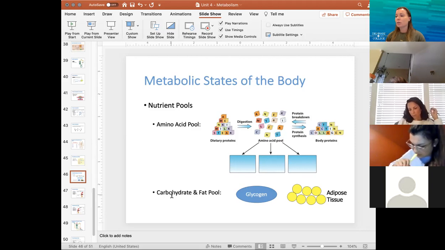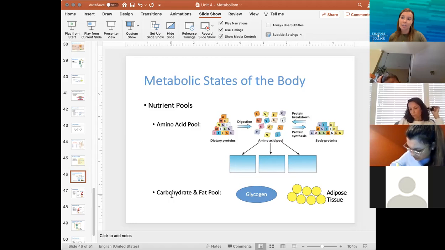The other main nutrient pool is the carbohydrate and fat pools. And these are typically just grouped together because carbohydrates can be converted to fat and vice versa. So these are the two nutrients that are typically broken down to produce ATP. Amino acids can't directly be used to make ATP.